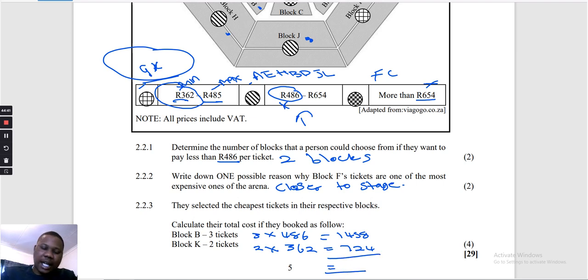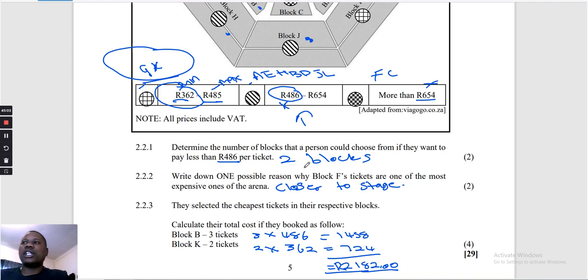Therefore, now we're going to have 1,458 plus 724, and then that gives us 2,182. Let's write R here, 2,182 rand, like that. That is the end of question number 2.